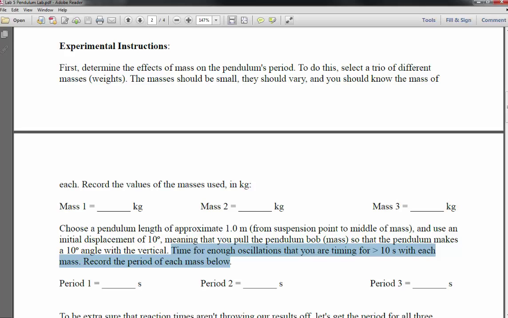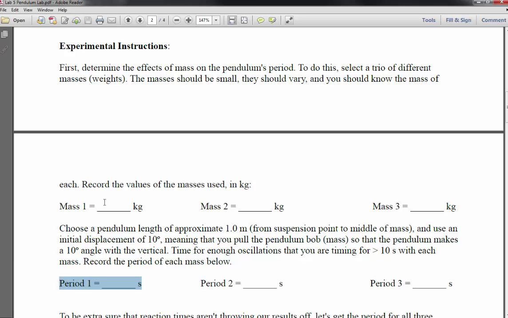And again, my recommendation here is that you pick a number of oscillations, not a total time that you're shooting for, because it's easier to figure out what happens if you have 12 oscillations, for example, than if you have 10 seconds but you were 2/3 of the way through an oscillation when those 10 seconds occurred. So in any case, do your 12, 20, 10, 15, however many oscillations you've picked, and get the period.